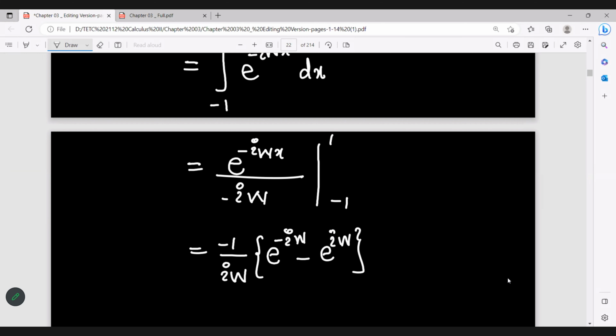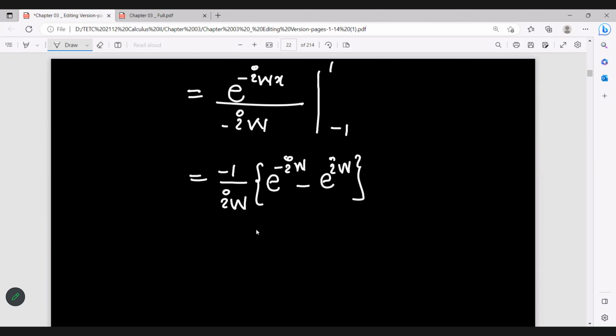So we can rewrite this, multiplying the term inside this bracket by minus 1, as 1 over iw times e to the power iw minus e to the power minus iw.